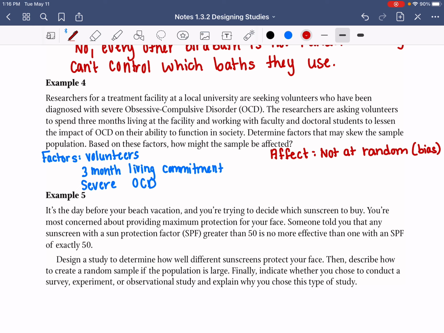And living commitment, not everyone can live at the facility, especially people with jobs or families. And it left out minor OCD.